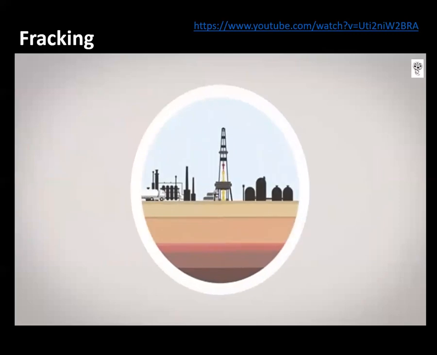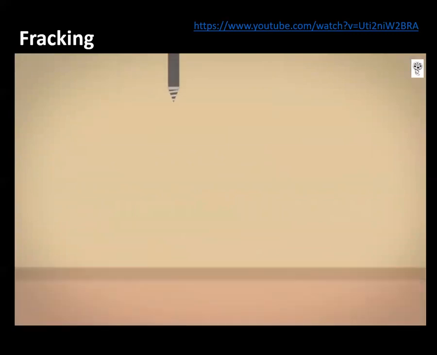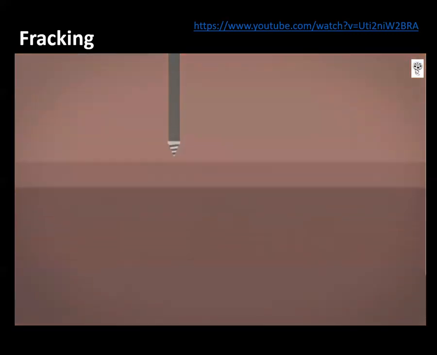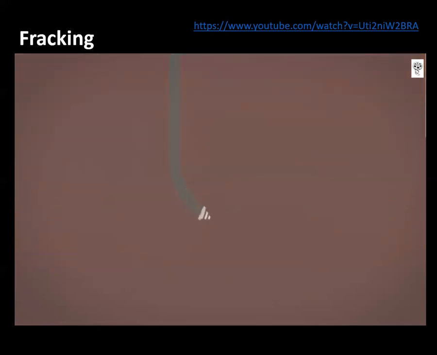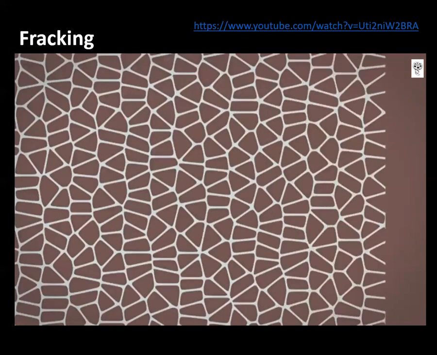Now, let's take a look at how fracking actually works. First, a shaft is drilled several hundred meters into the earth. From there, a horizontal hole is drilled into the gas-bearing layer of rock. Next, the fracking fluid is pumped into the ground using high-performance pumps.